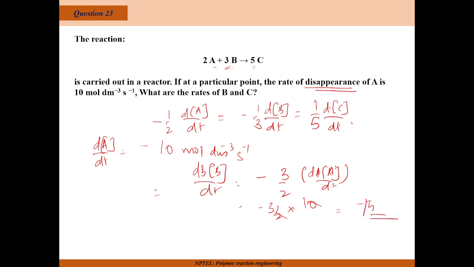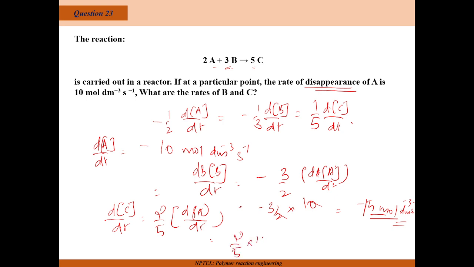So if we are just talking about the rate, it is minus 15 mole decimeter cube per second. And similarly we can do for C, where it is a positive thing, so dC by dt will be, of dA by dt, 2 by 5?